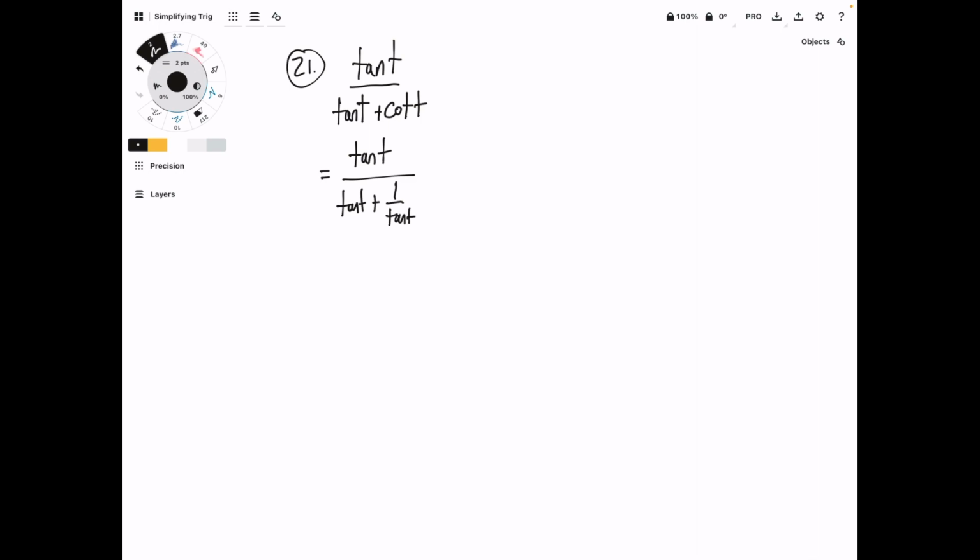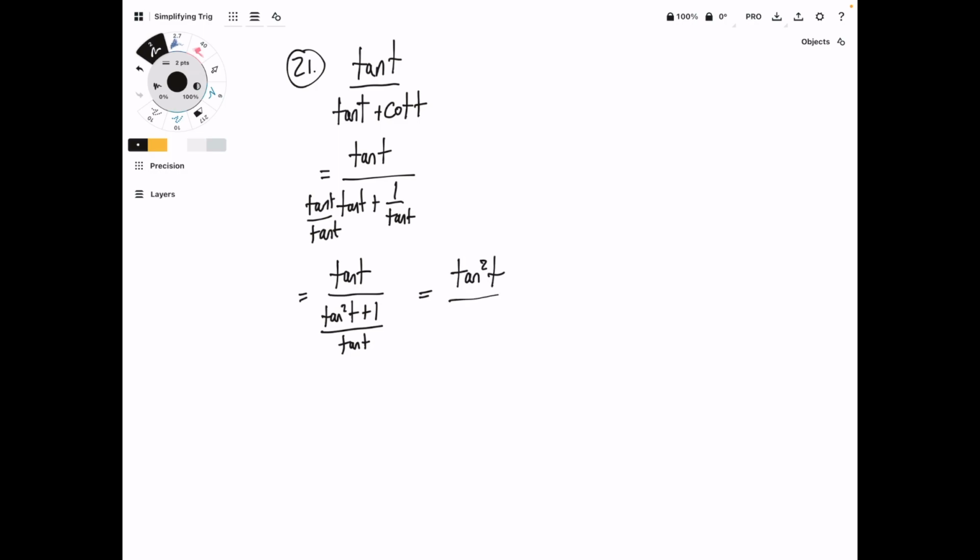Then we want to get a common denominator for this bottom left term, so we're going to multiply it by tangent t over tangent t. This lets us rewrite the entire expression as tangent t over tan squared t plus 1 over tangent t.